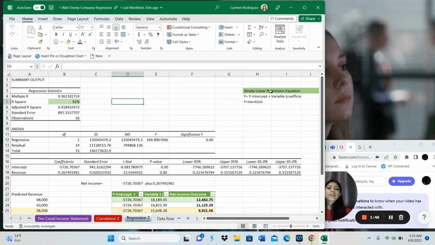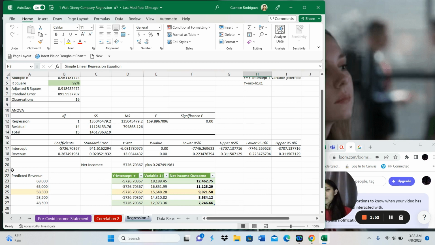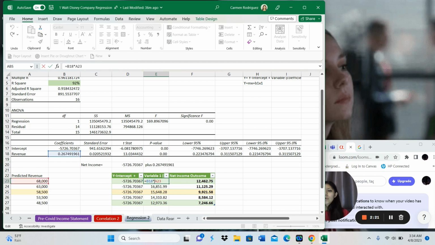We're going to use a simple linear regression equation since we only have one variable, which is our revenue. Here we have our y-intercept. In our formula, we use the same y-intercept. It doesn't change. We keep it the same. And we add our y-intercept to our independent variable multiplied by our coefficient right here.